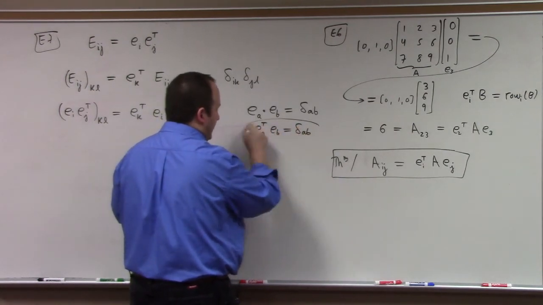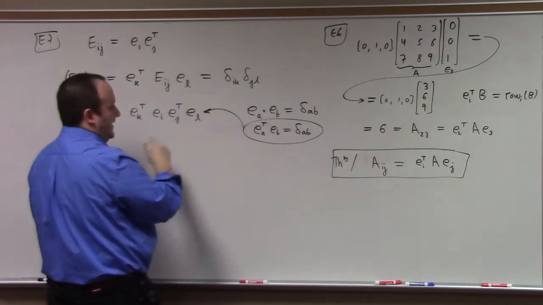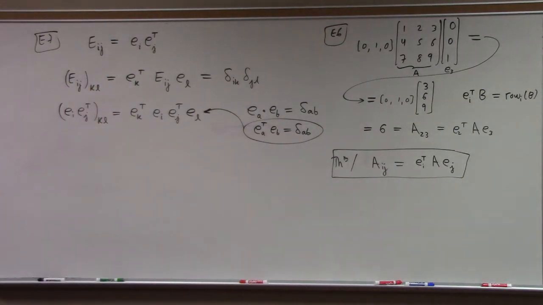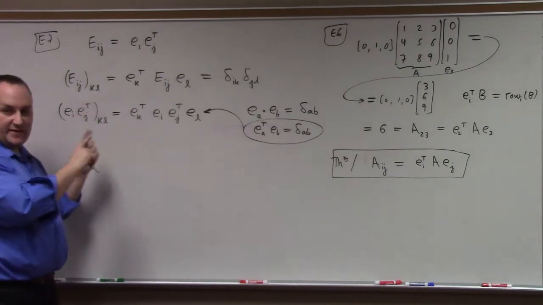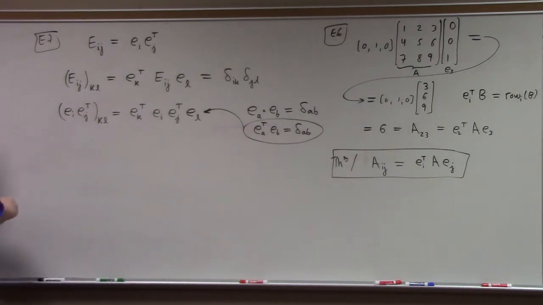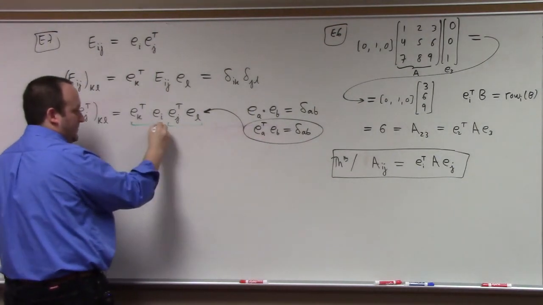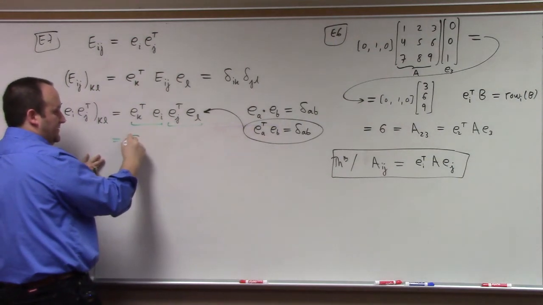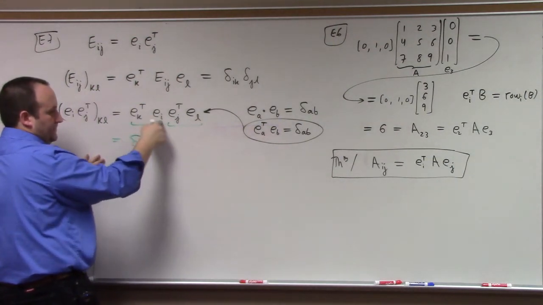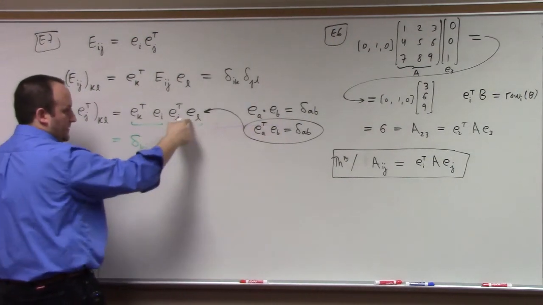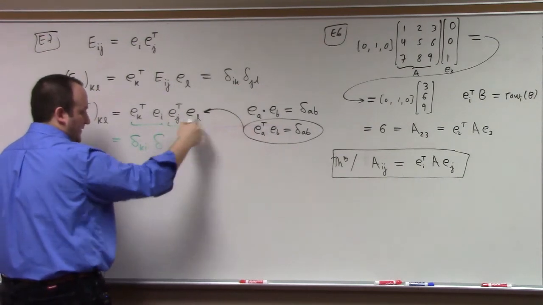So I can use this to simplify that. I have to be careful: I'm looking for when the transpose is on the left. But look at that, that happens 2 times here, this one and that one. This is just delta ki delta jl.